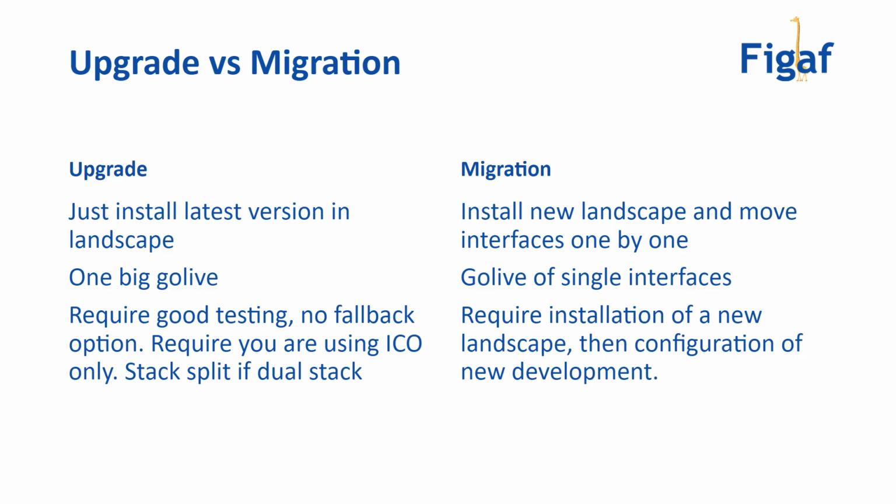So it lowers the risk, but obviously adds some more complexity because you need to migrate content one by one and make sure everything's configured. So it depends on your scenario which one you want to choose.